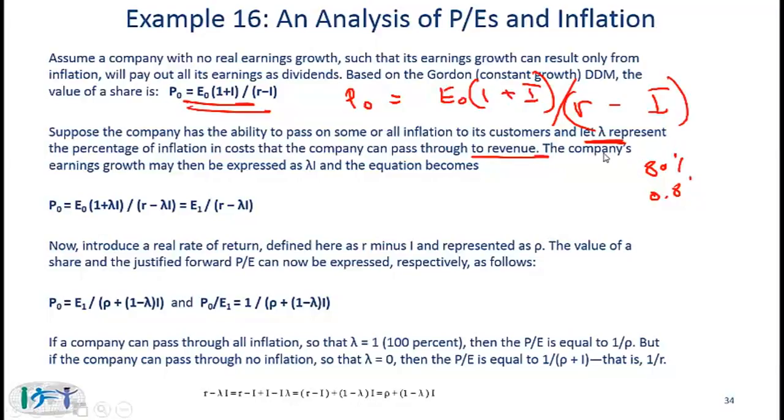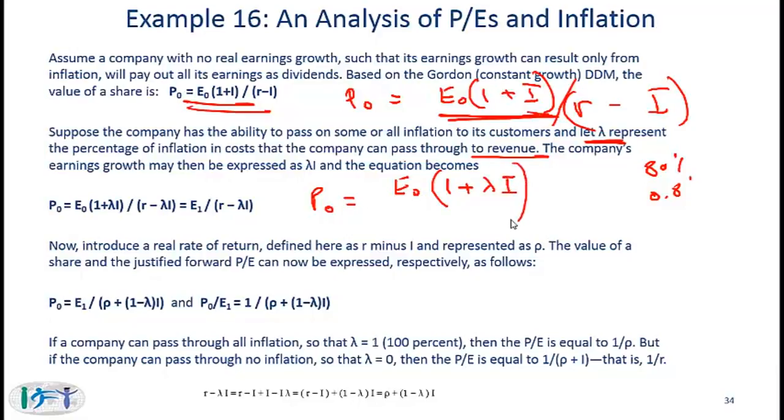Okay, then what happens to our equation? What does E1 become? Earlier we said E1 is equal to E naught into 1 plus I. Now you will have E naught into 1 plus lambda times I.